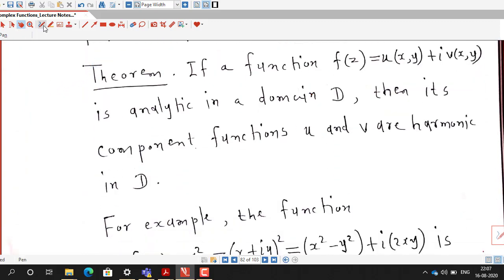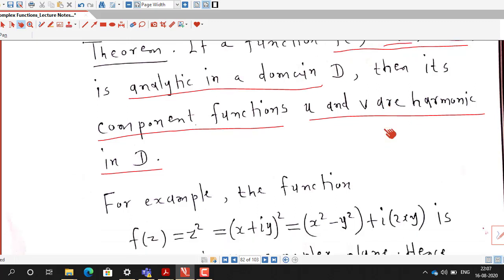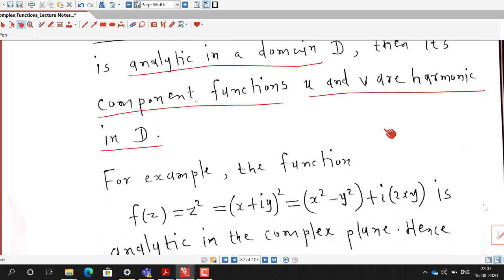So this is one important result. If our function f(z) is analytic in a domain D, then its component functions, meaning the real and imaginary parts, are always harmonic in the domain D in which the function is analytic.